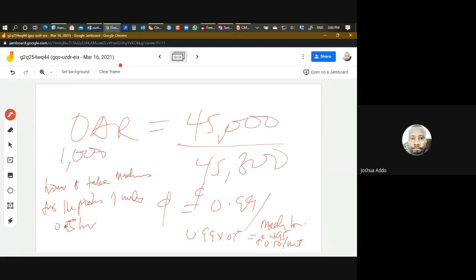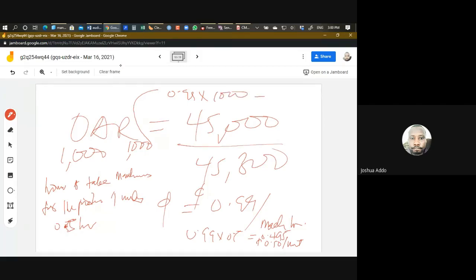We'll take an example to illustrate. If we produced 1,000 of this particular product, and it took us, let's say, 1,000 machine hours, then the total overhead will be 0.99 times total machine hours of 1,000.